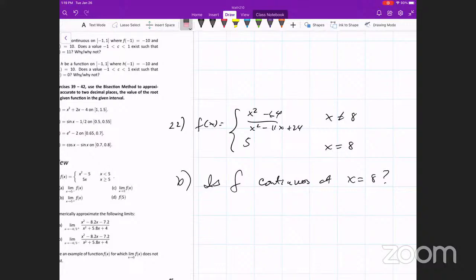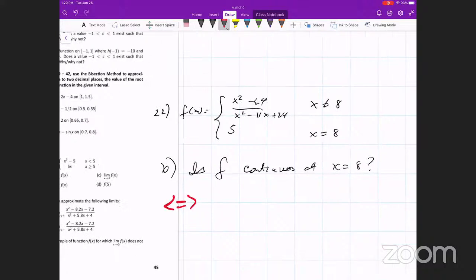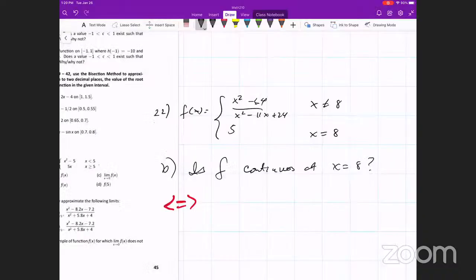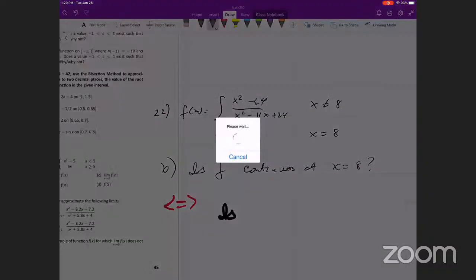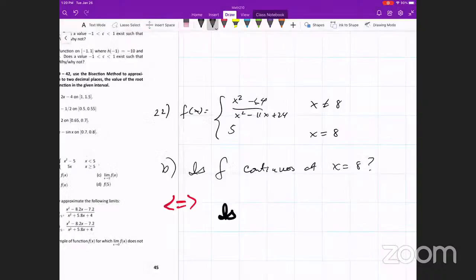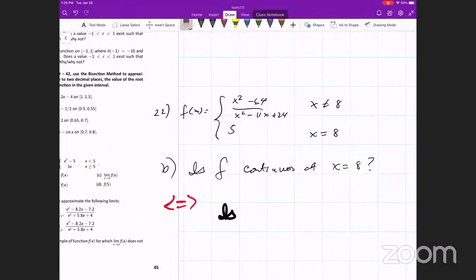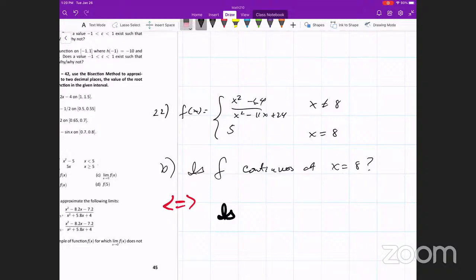So that's the same as asking the question, is the limit as x approaches 8 of f of x equal to f of 8?